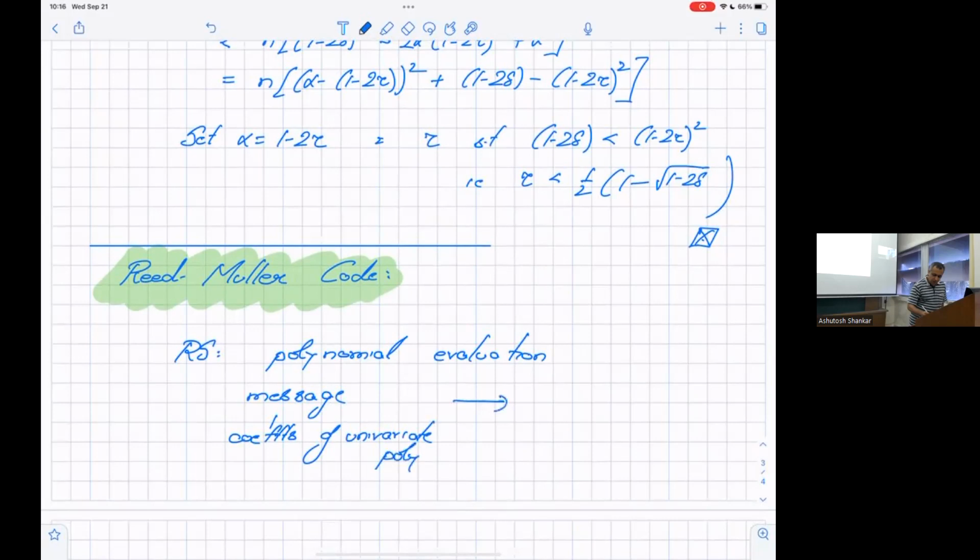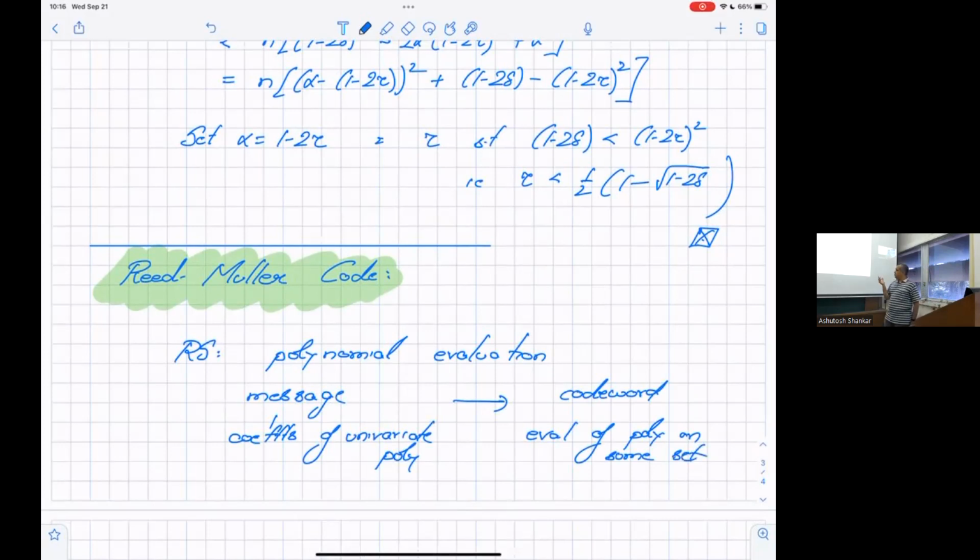And the corresponding code word was the evaluation of this polynomial on some subset. This was the Reed-Solomon code.